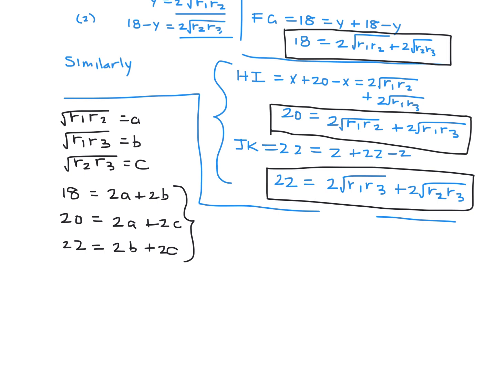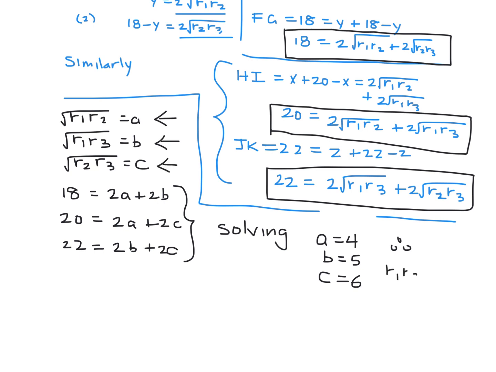And these are very nice equations. And then when you solve them, I'll let you solve it. You'll get a equal to 4, b equal to 5, and c equal to 6. So that means that when you substitute these values back into these guys, you'll get the following. This root r1r2 is 4. So that means r1 times r2 is equal to 16.